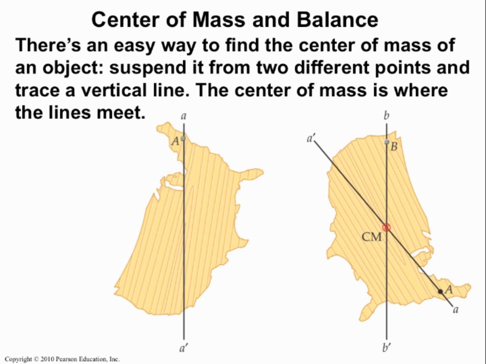You simply hang it from one point, trace the vertical line, and then hang it from another point, trace the vertical line, and the two lines meet at the center of mass. And it really doesn't matter which two points you pick. Two intersecting lines from two points of hanging will intersect at the center of mass.